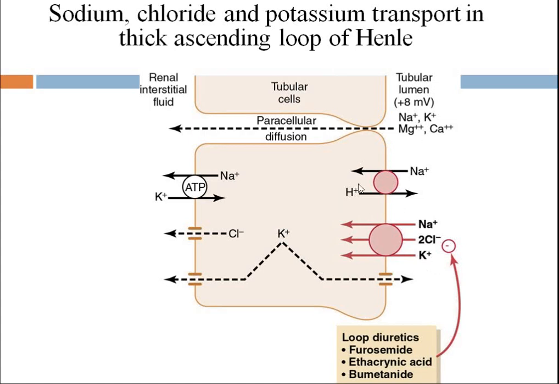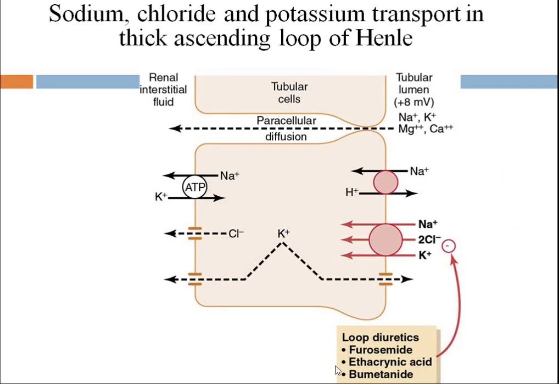Apart from it, there is a sodium hydrogen antiport also working here in this portion of the tubule. And some other ions are transported through the paracellular route, because water is also diffusing through the paracellular route. So many substances, many ions also get diffused along with water.